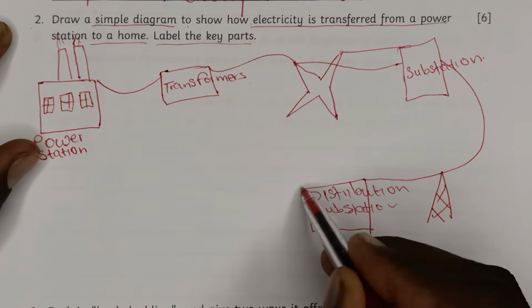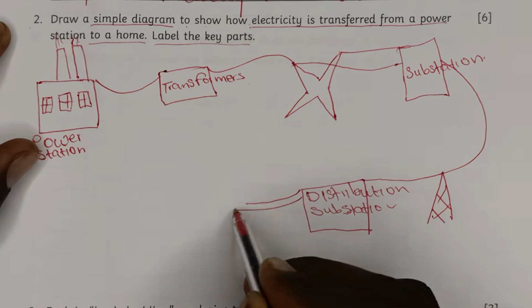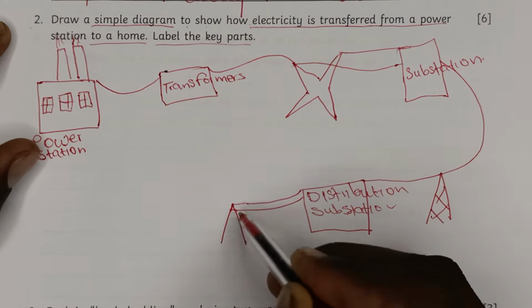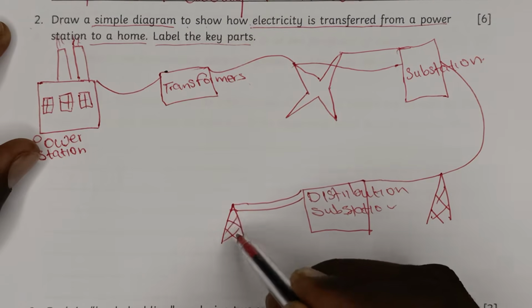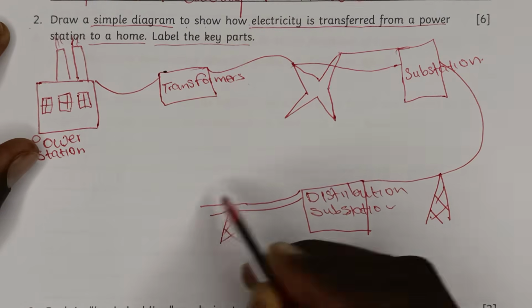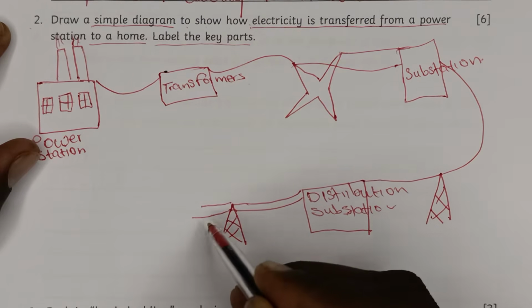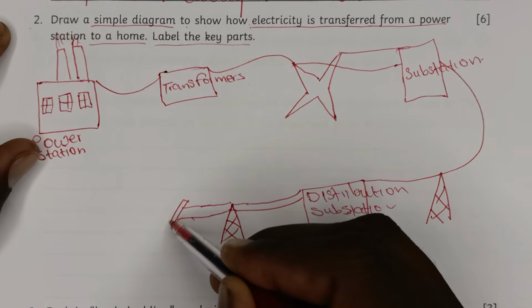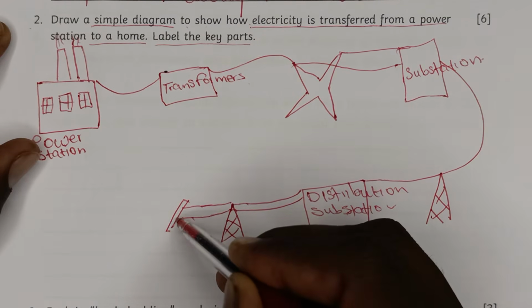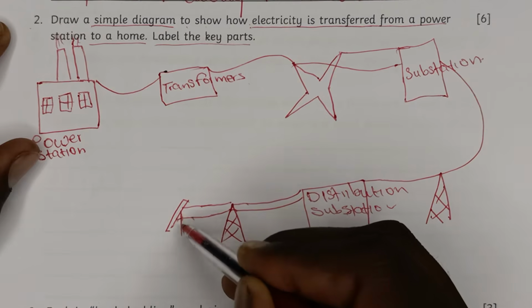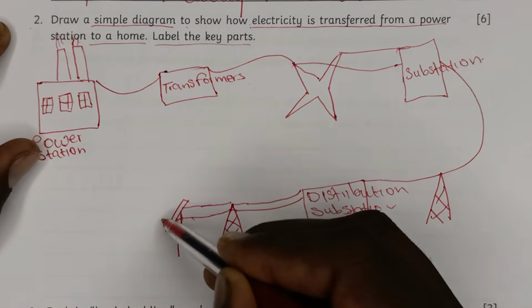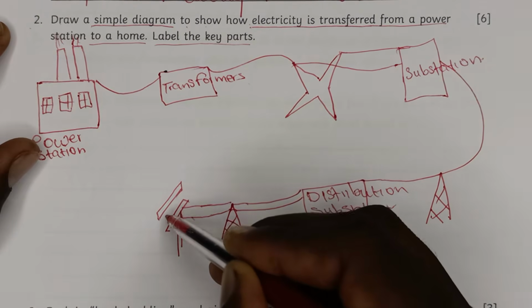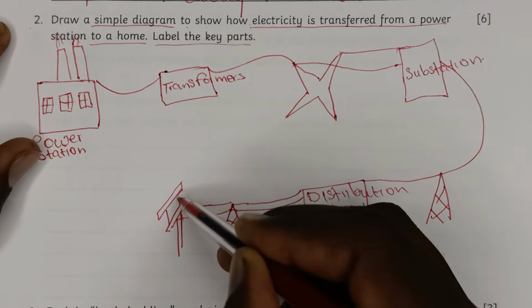So from here, they continue and then they get to, let's use poles. This should be poles, something like this, and they should have their transformers here.